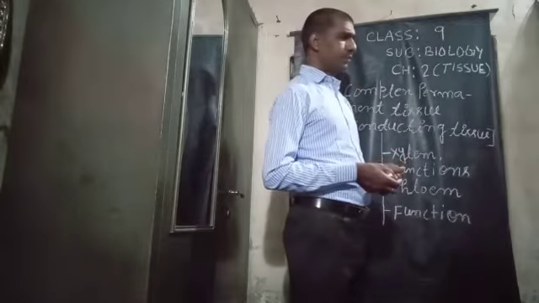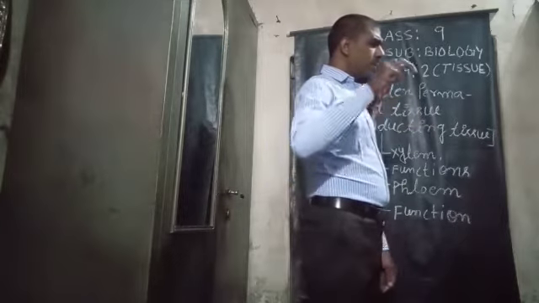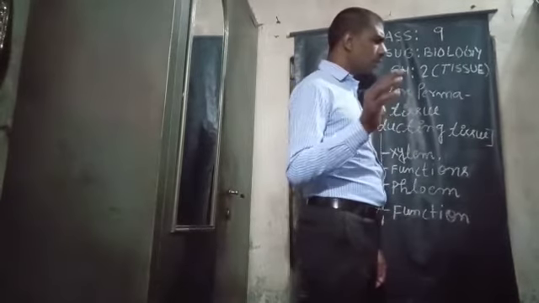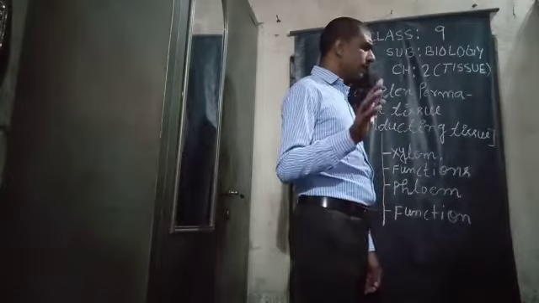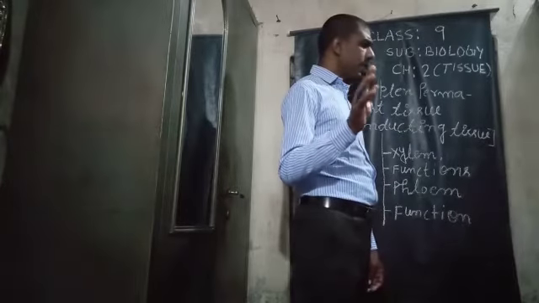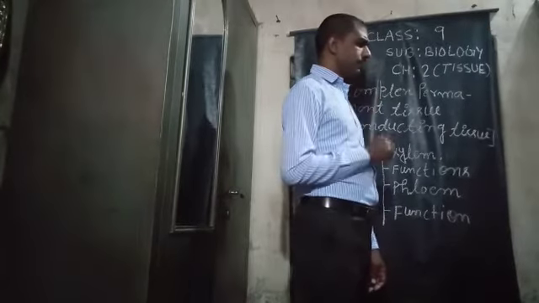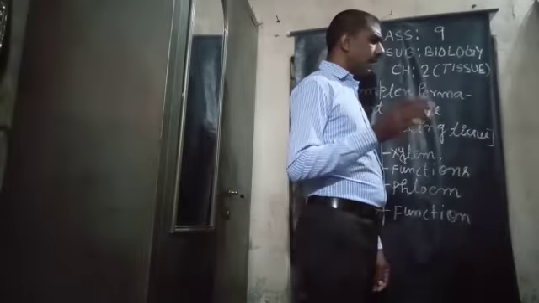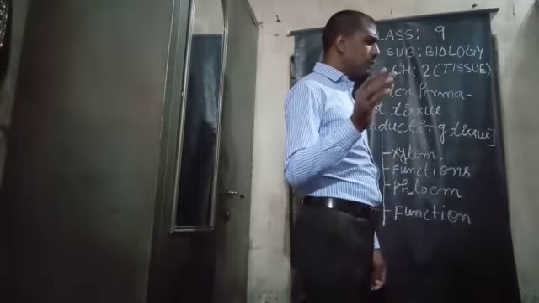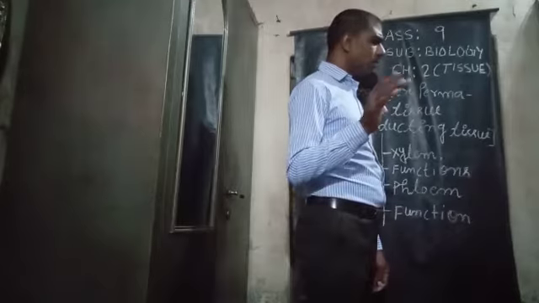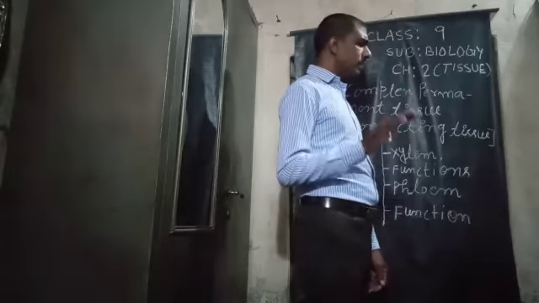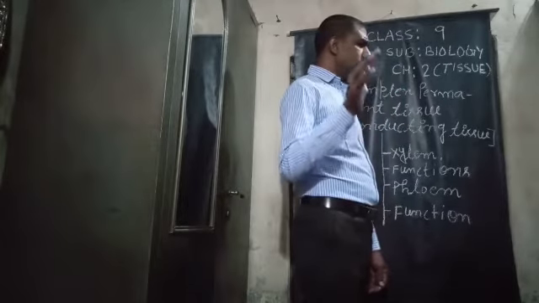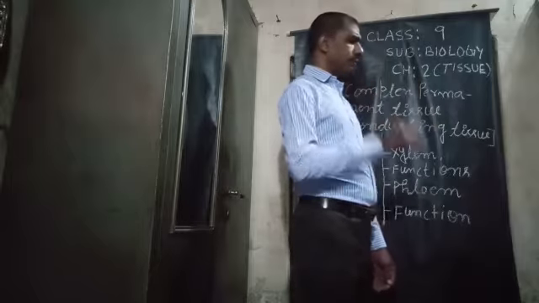At maturity, the sieve tubes lose their nucleus to make space for the nutrients to move through them.